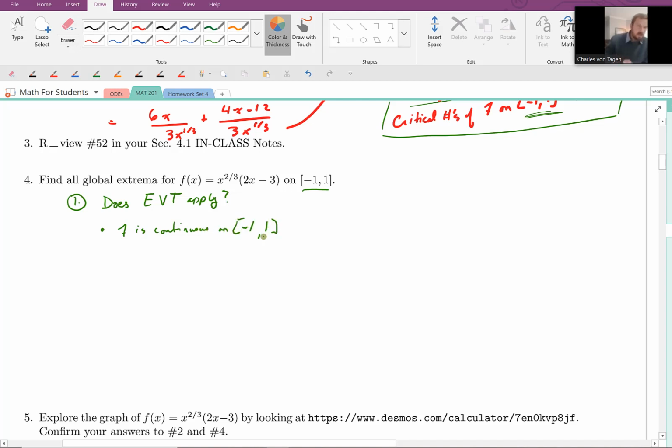It's a continuous function, and -1 to 1 is a closed interval. So yes, by the extreme value theorem, f must attain both its global maximum and its global minimum somewhere on this interval. Now, where could that global maximum or global minimum be?